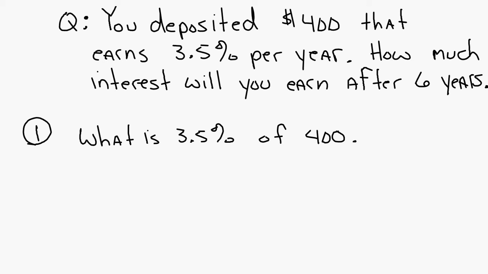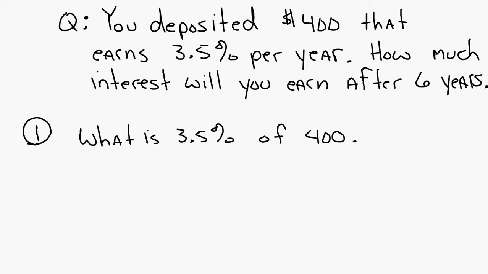Are you guys with me on that? Because you're going to get 3.5% per year. So if you find out what 3.5% of the 400 is, how will you know how much you'll have after 6 years? You just multiply it by 6.